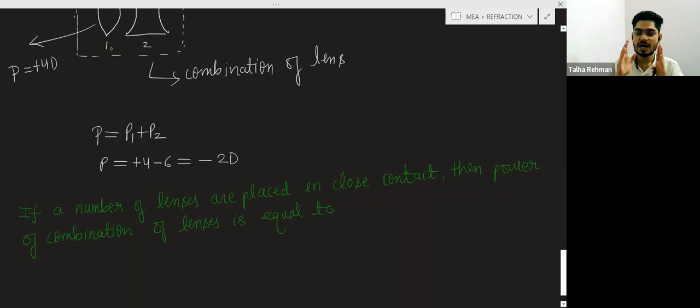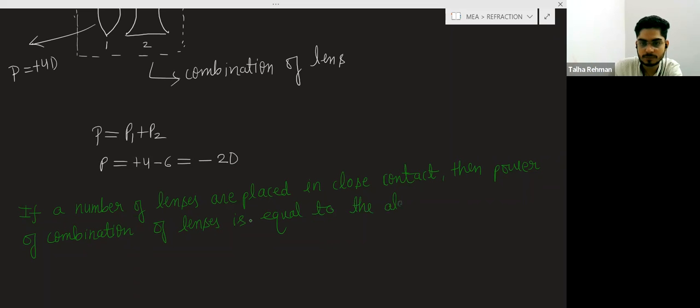What summation? Algebraic summation means you will add the power one by one according to the sign, negative sign and positive sign. Here we have just added the power with sign of the power. Here is positive sign, here is negative.